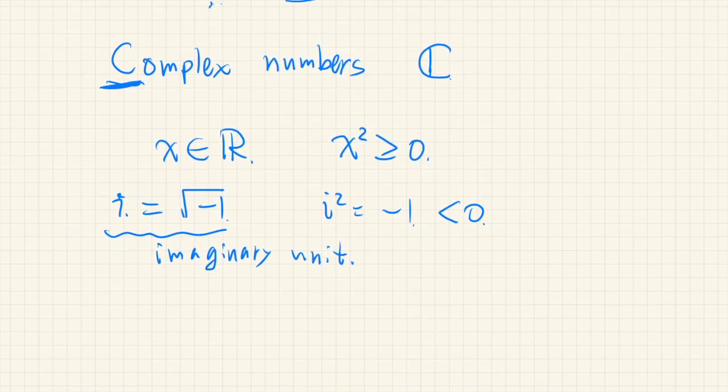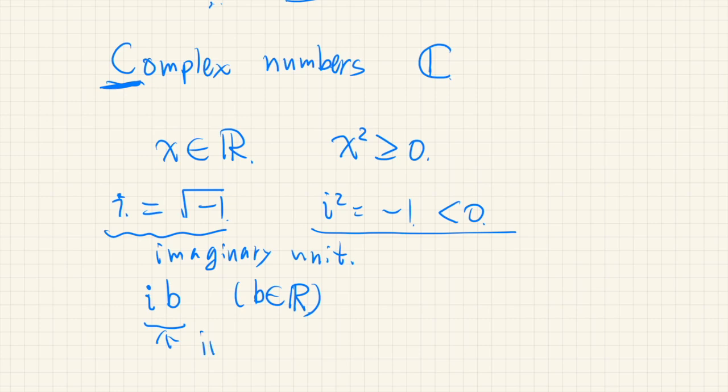This definition is very formal and it doesn't mean anything at this point. But how this behaves under operations defines what this is. And this number i times any real number b, where b is a real number, such a number is called an imaginary number.